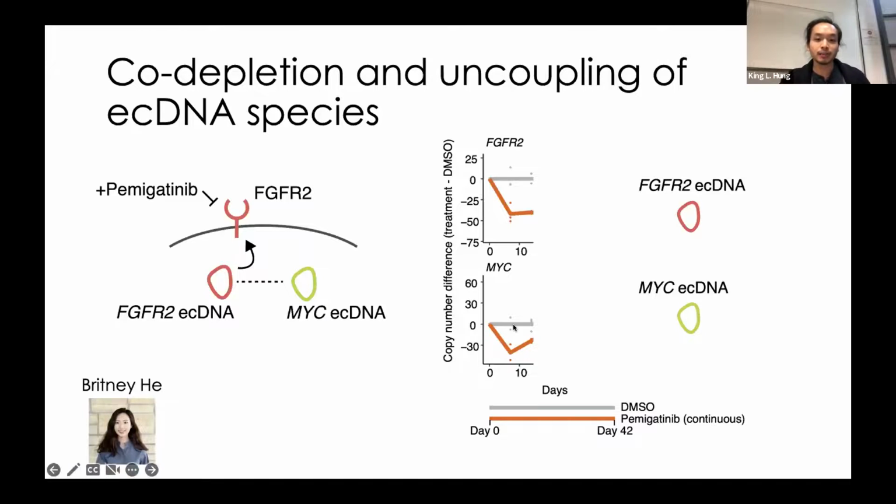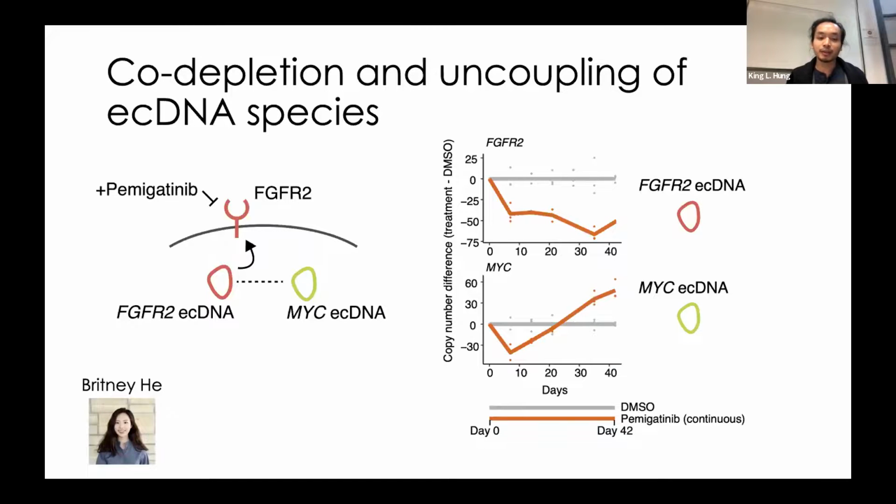But what was unexpected, or I guess it is consistent with the idea of ecDNA co-segregation, is that MYC is also reduced in copy number, even though the MYC ecDNA is not directly targeted by the drug. But then over time, when we treated these cells with pemigatinib over a course of 6 weeks, the MYC ecDNAs eventually came back and became even higher in copy number compared to before.